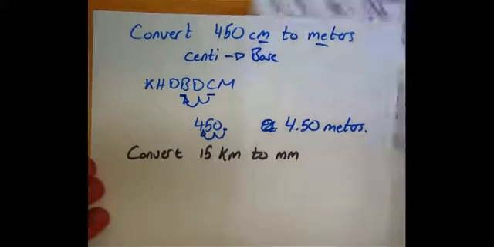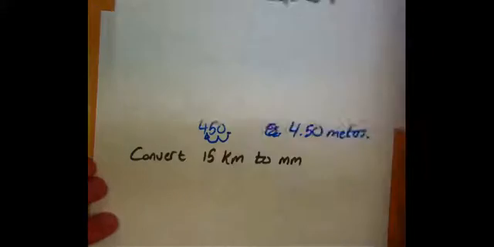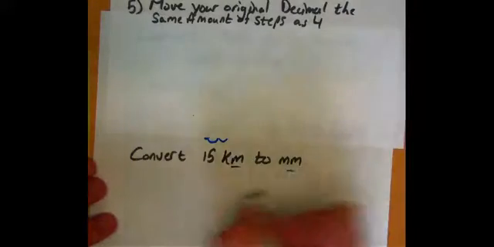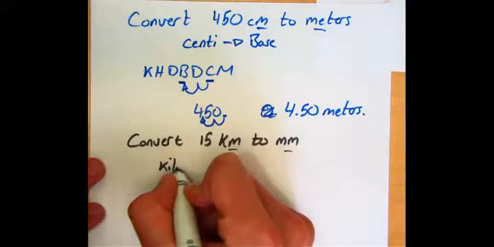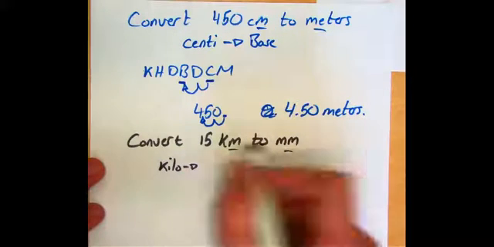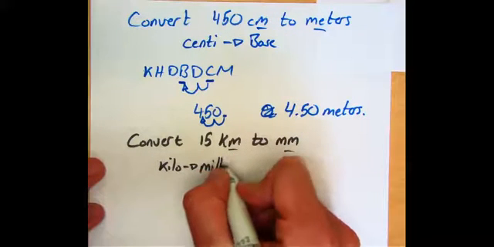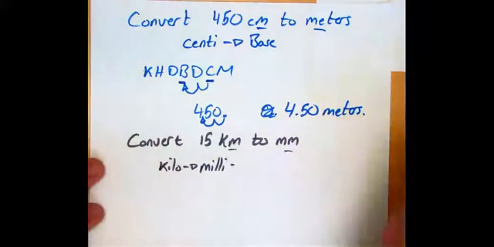In order to do this, again, step number 1, bases must be the same. Both are meters, meters to meters, so step 1 we pass. Step 2, identify the first prefix. First prefix is kilo. We're going from kilo to milli. And that's my step 3, is kilo to milli.